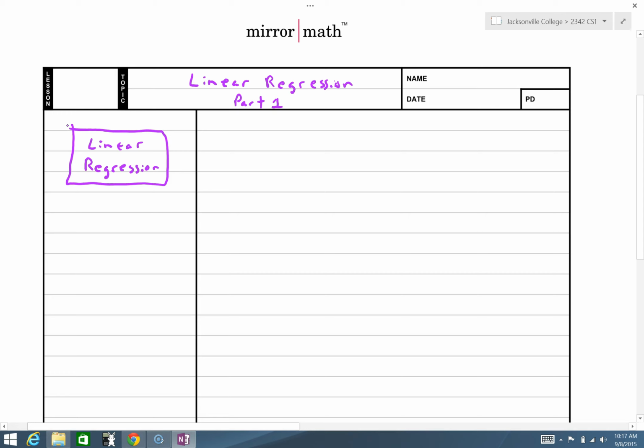Linear regression is taking data, and our data is going to be bivariate data, x, y data, and creating a model. And by model I mean an equation and a line.